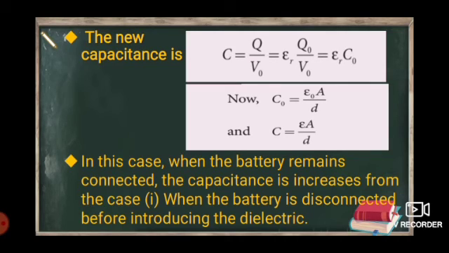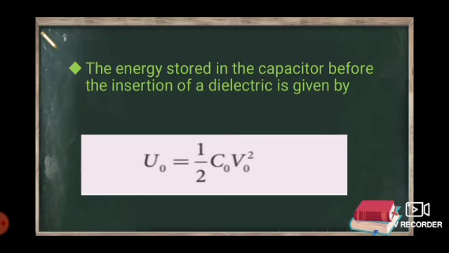Compared with the first case, here the capacitance increases. In the first case we discussed, when the battery is disconnected, the capacitance decreases. But here the battery is connected to the parallel plate capacitor, so when the dielectric medium is inserted, there is a continuous flow of charges, and the capacitance increases from case 1. Energy is also stored.